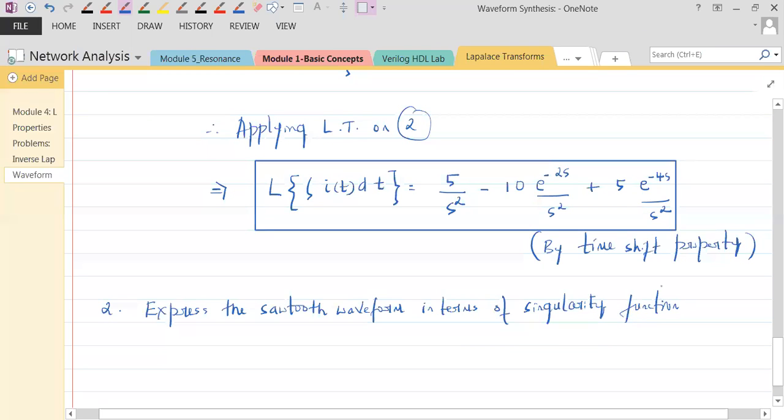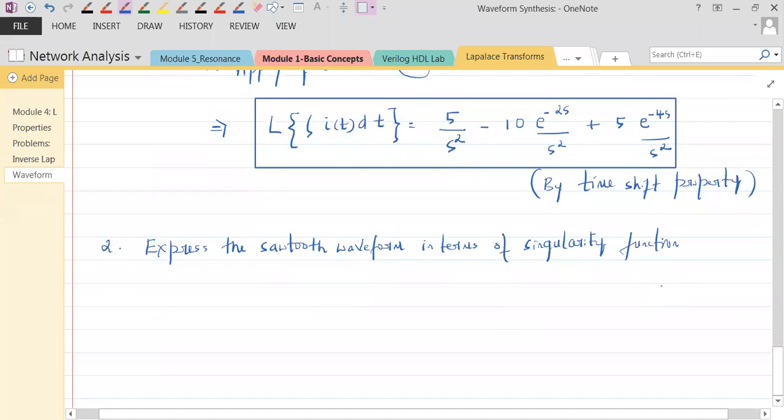Singularity functions means basic functions; using the basic functions is what they mean. The Sawtooth waveform that they're asking about is this.